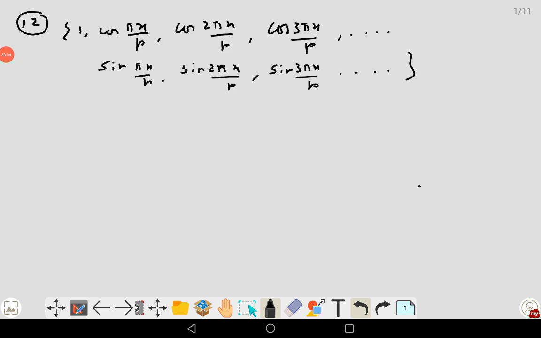So this is an infinite set. We want to say that this set is orthogonal, so that every pair is orthogonal.